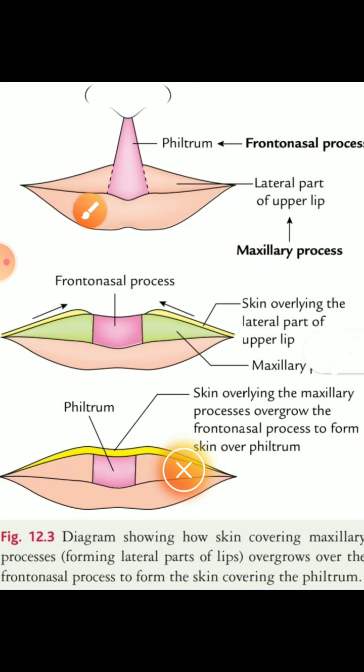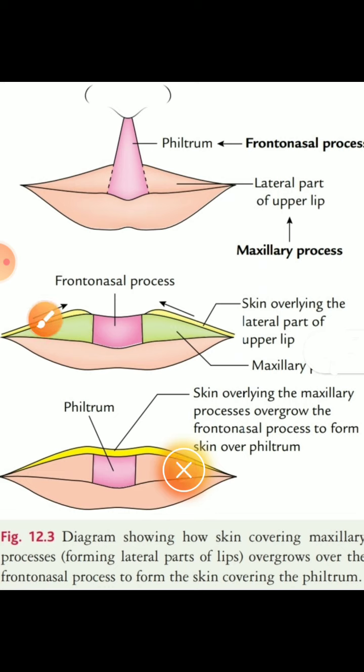The lower lip develops from the mandibular process. But here there is a thing, only this inner part develops from the frontonasal process. Now we'll see how the skin overlying the lateral part of the lip will overgrow the frontonasal process. Can you see here? See the arrow here?